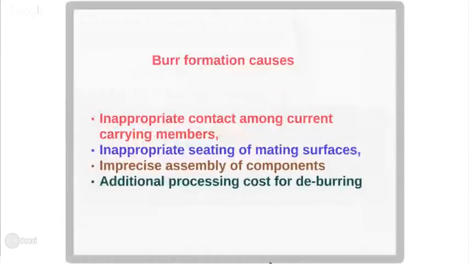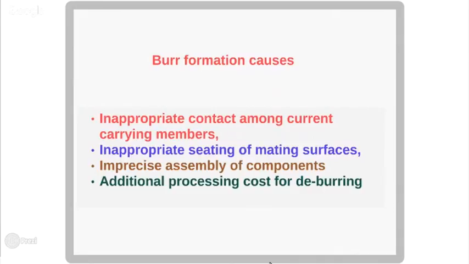So as I said earlier, the comparison between the non-conventional and conventional machining processes gives you some research challenges. The research challenge in the case of conventional drilling is the burr formation.